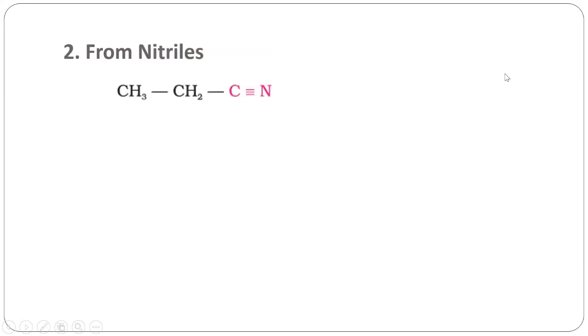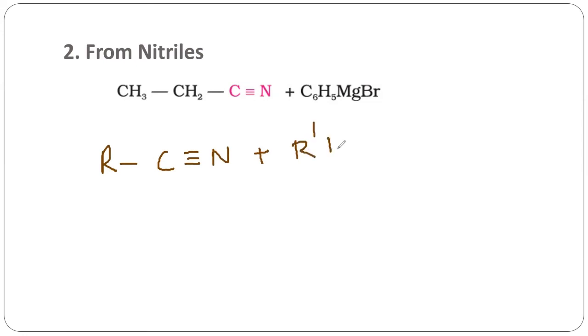Ketones can also be prepared from nitriles by treating them with Grignard reagent. So how does that work? You take a nitrile RC triple bond N, you treat it with a Grignard reagent R dash MgBr. We know that the Grignard reagent will split into R dash minus and MgBr plus.